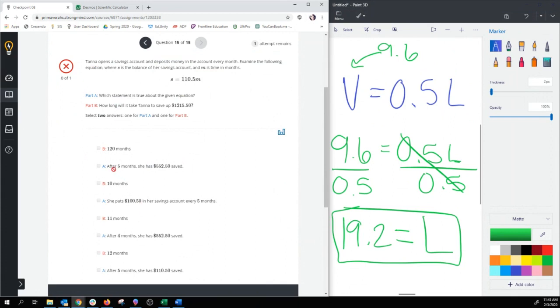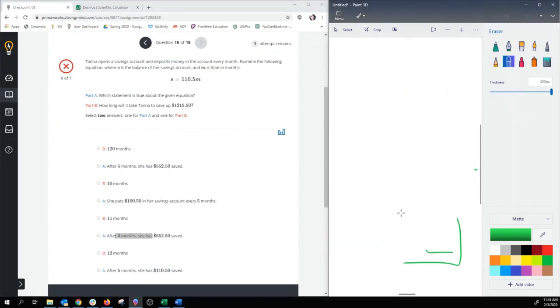Part A. So after 5 months, she saved $552.50. It looks like all these questions are talking about 5 months, right? So let's use that equation and figure out how much money she actually saves after 5 months of having money in her account.